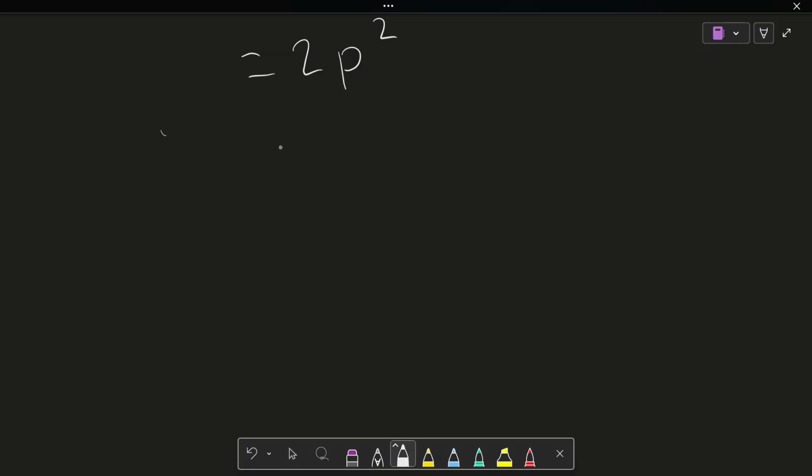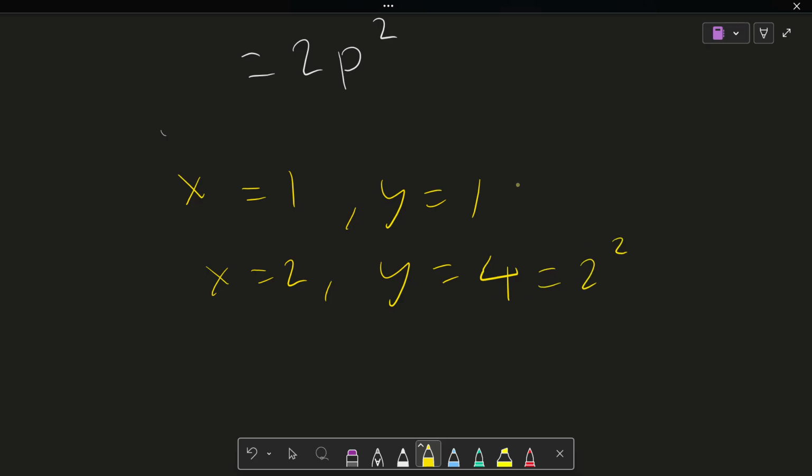So basically, if we see x is 1 and y is 1, x is 2 and y is equal to 4, which is basically 2 squared, and then x is 3 when y equals to 9, which is equal to 3 squared.